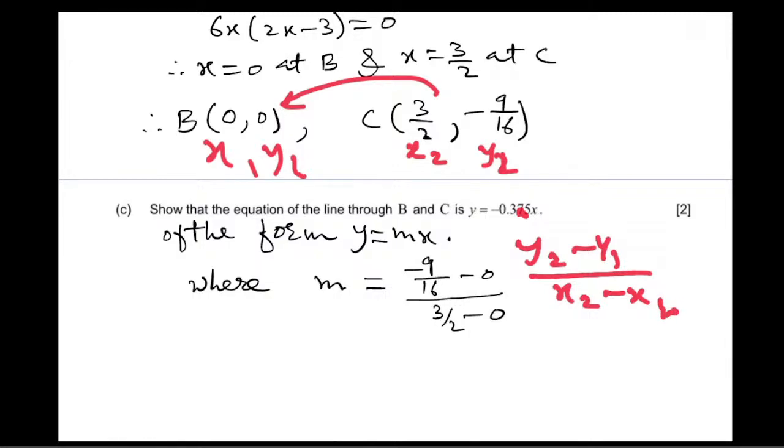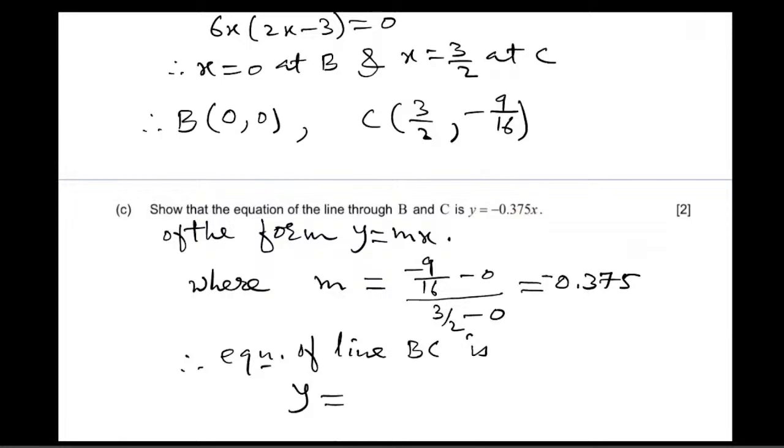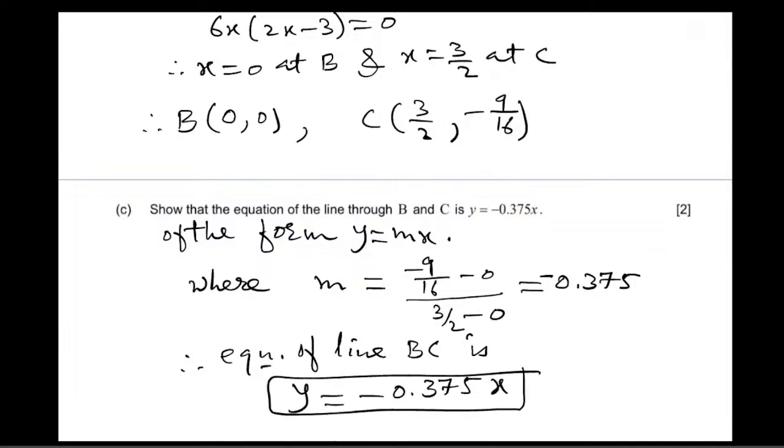So I'm using that and getting the value of m. So it will be 0.375, right? So that will be the gradient. Therefore, equation of line BC is y is equal to, sorry, minus here. So minus 0.375x.